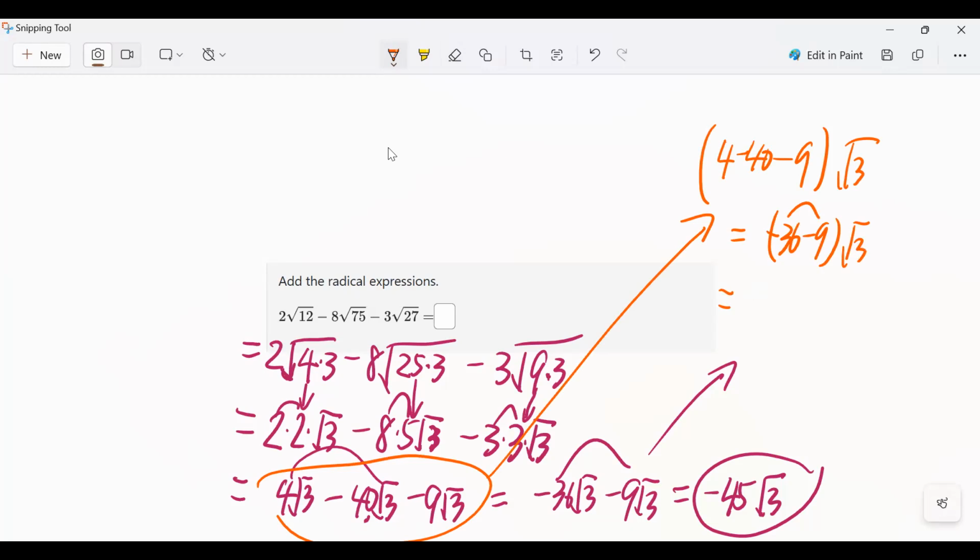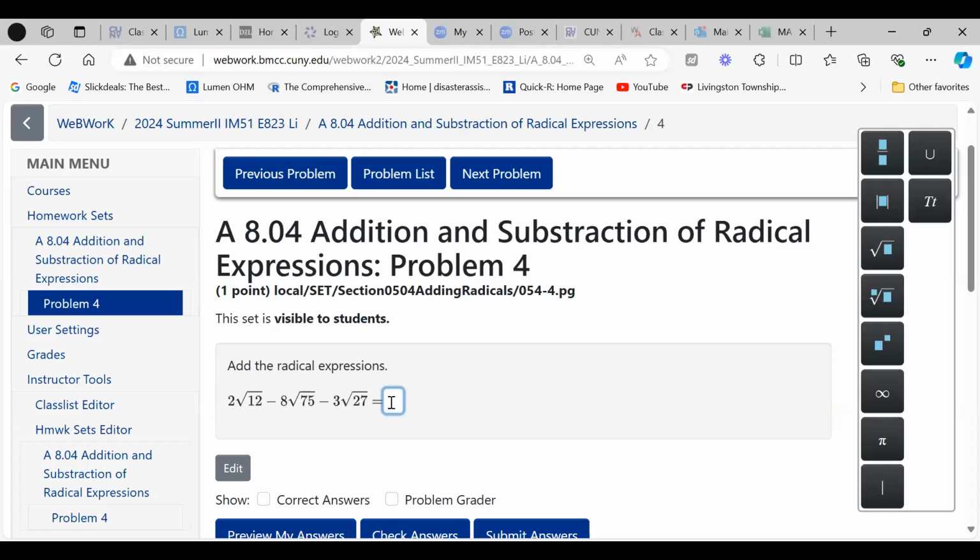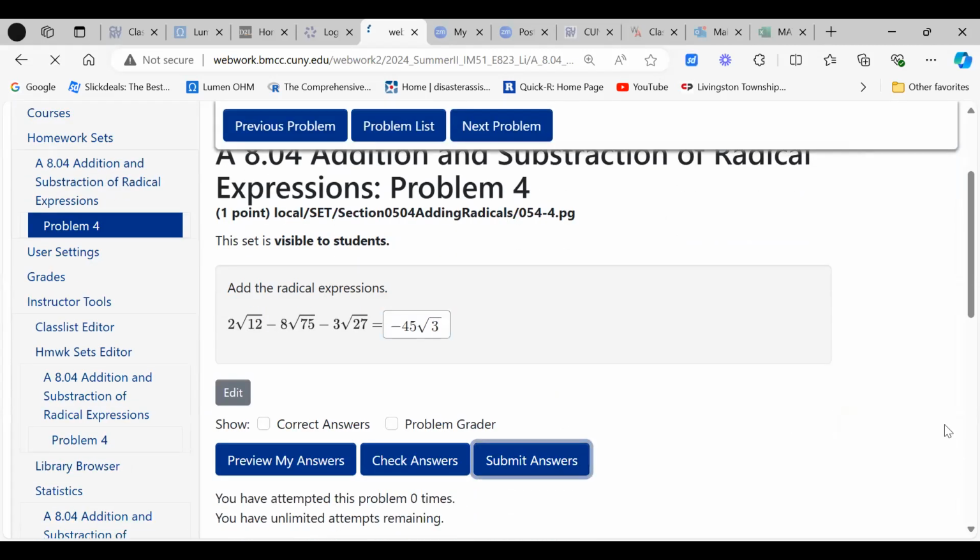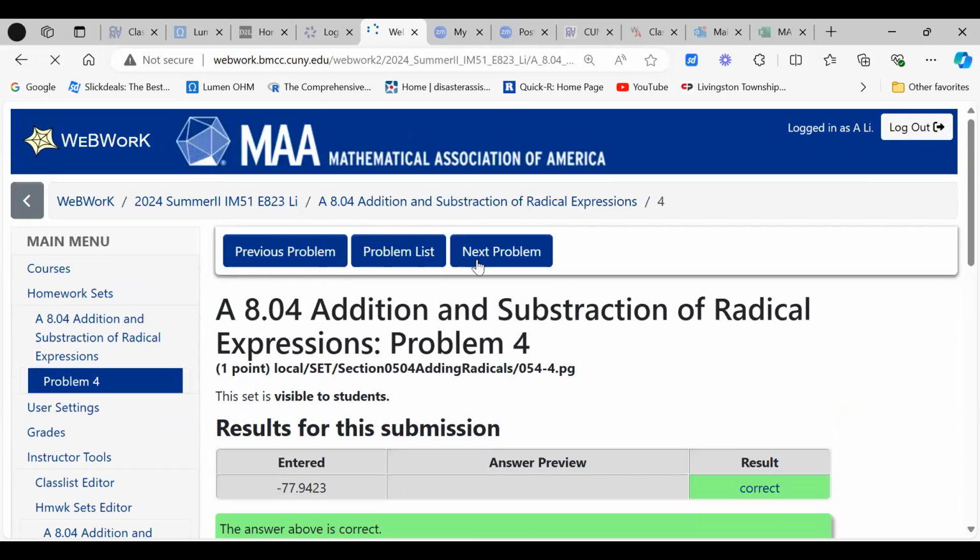Minus 36 minus 9 is minus 45. So you get the same answer. That's the exact same answer. So the answer is minus 45 square root of 3. Minus 45 square root of 3. Submit it. Next, correct answer.